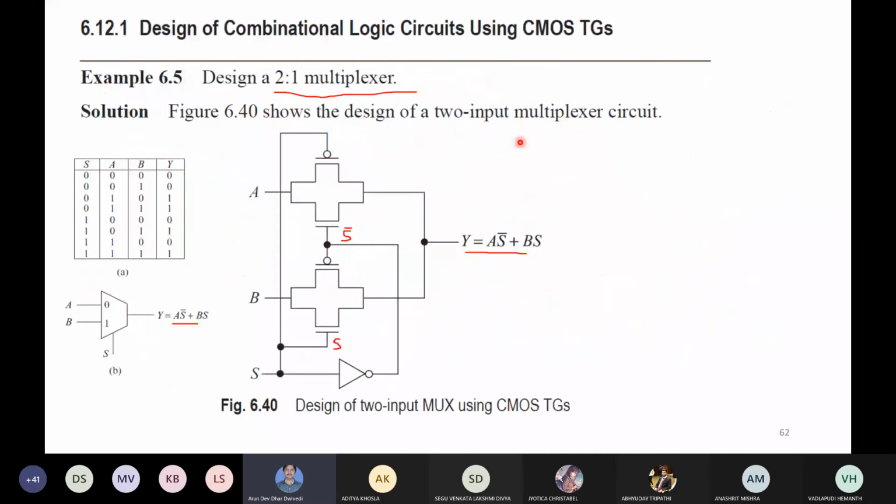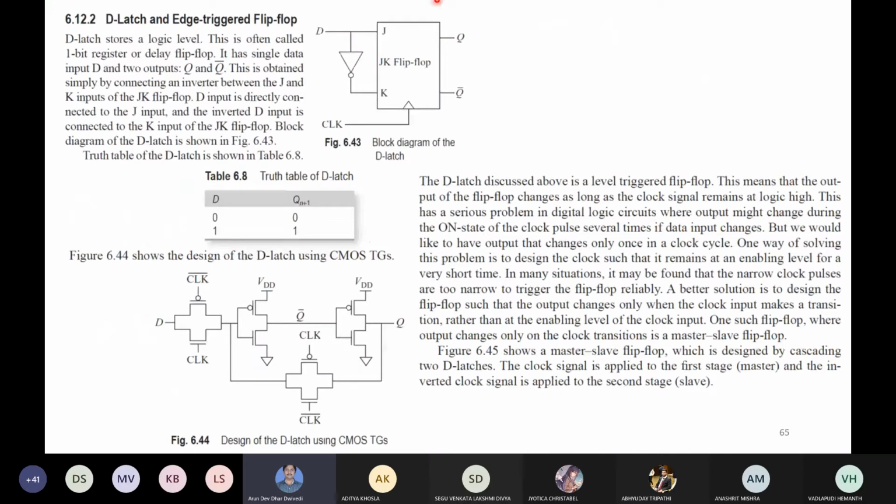You can see the JK flip flop design here. In the JK flip flop, we connect an inverter between J and K, and we consider the D input as whatever input is directly given to J. When it is inverted with the inverter and given to the other input K, then it is called a D flip flop. So between J and K there is an inverter connected, then it becomes a D flip flop.